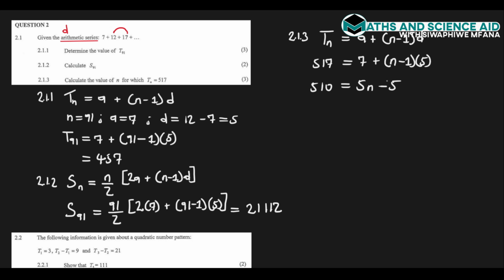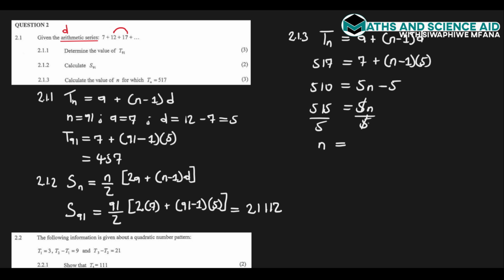Now let us transpose this -5 into the left-hand side. That gives us 510 + 5, which is 515 = 5n. Then we simply divide by 5 on both sides of the equation. This will give us the value of n.